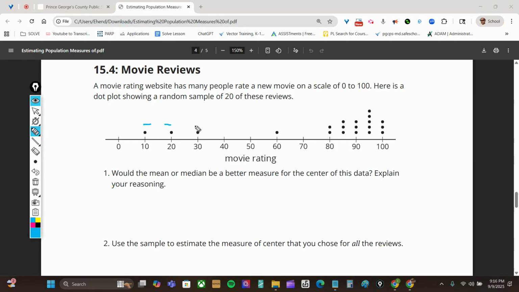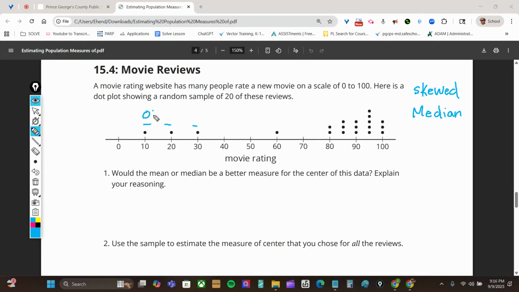When you have outliers, the median is better. Okay, so when you have skewed data, that means it's stretched to the left or the right or high or low, then it's better to use the median because it's not influenced by the outliers.